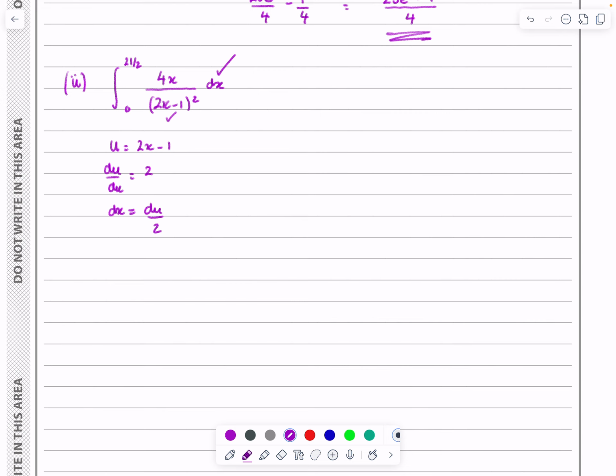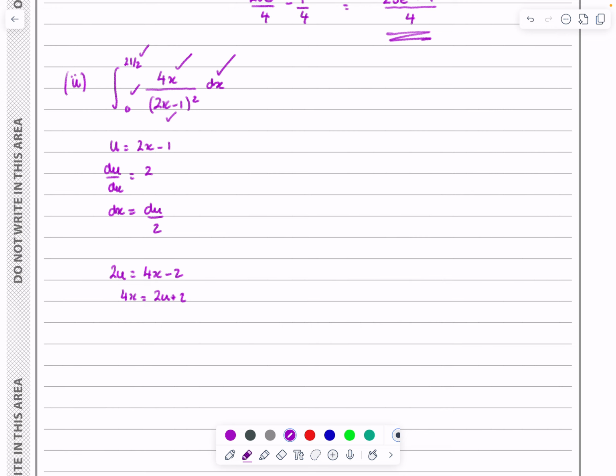So it's the 4x that I need, but because of the substitution, this is really simple. If u equals 2x minus 1, then 2u is 4x minus 2. Just double everything. So 4x is 2u plus 2. So now the only things I've got to find are my limits.